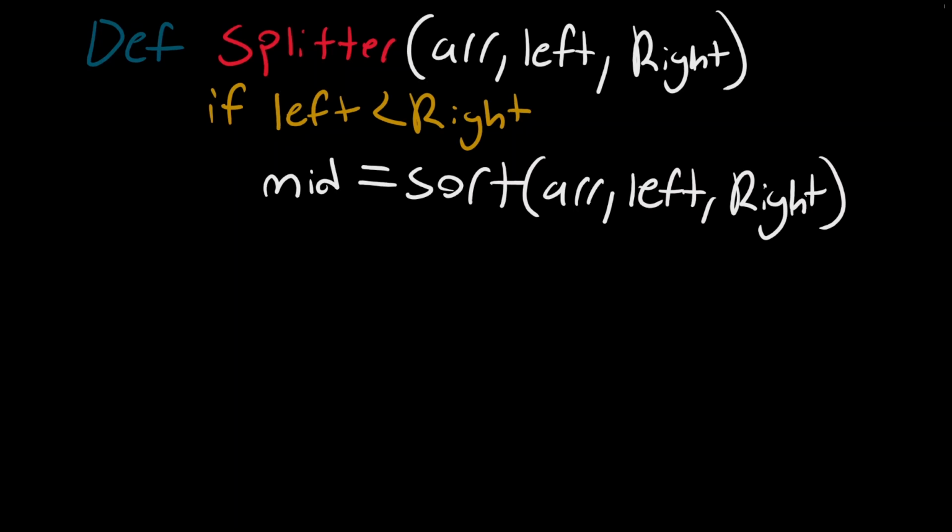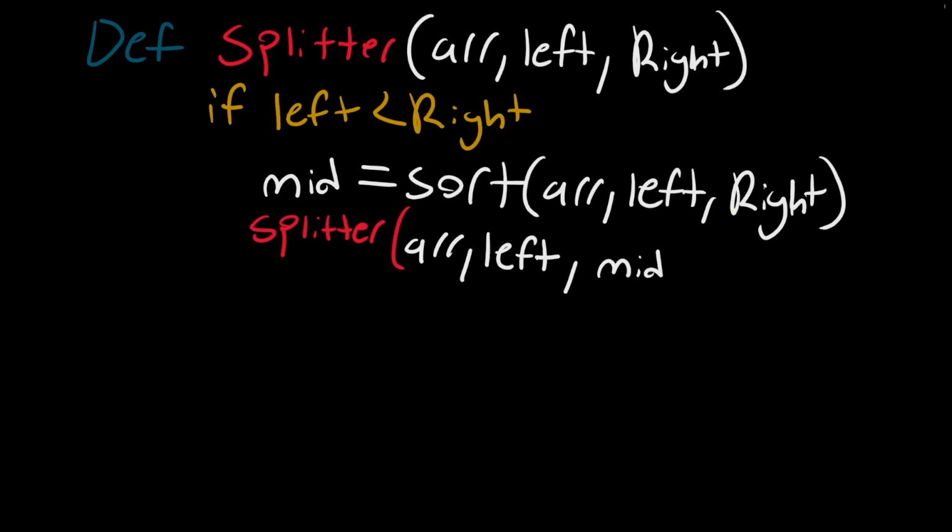So we're going to do recursive calls. We're going to run splitter, and it's going to look similar to before. We're going to keep passing the array, and we're going to give it the new left and right. The first time we're going to keep left, and give it the new midpoint.